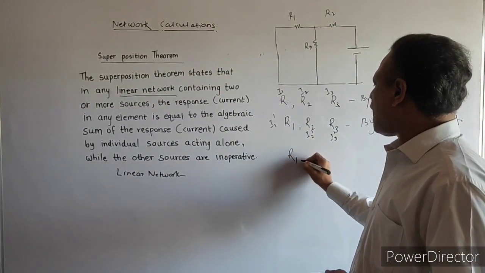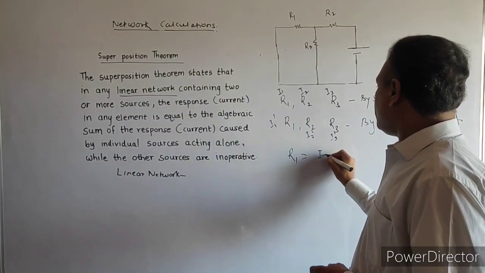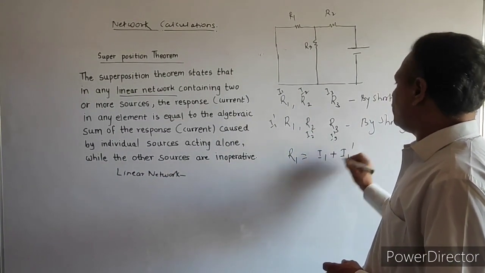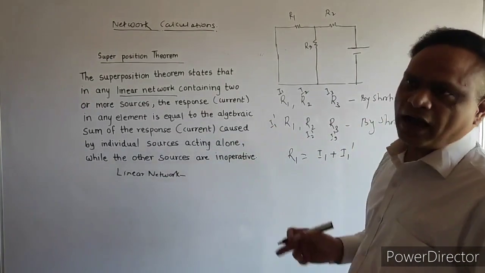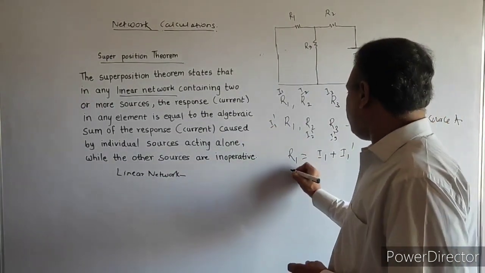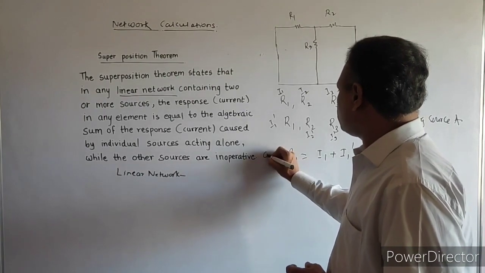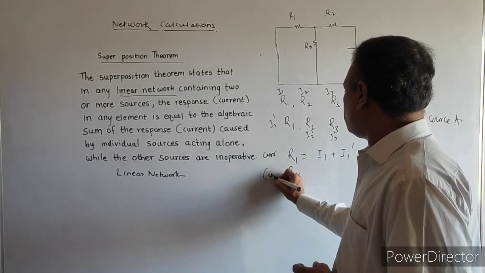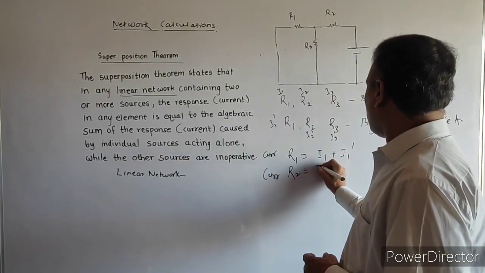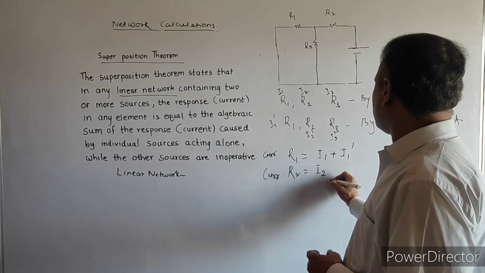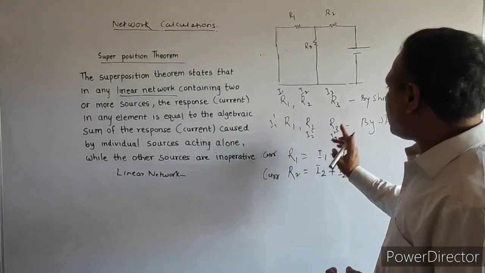The current flowing through R1 is the algebraic sum. Algebraic sum means I1 plus I1 dash, if it is positive, and if it is negative, then I1 minus I1 dash. Again, what is the current flowing through R2? The current flowing through R2 is again the algebraic sum, I2 plus I2 dash.